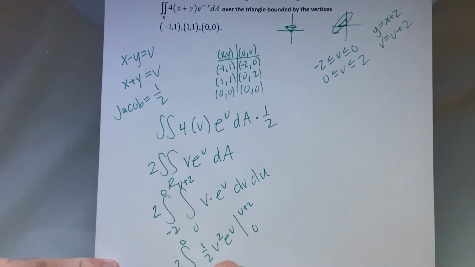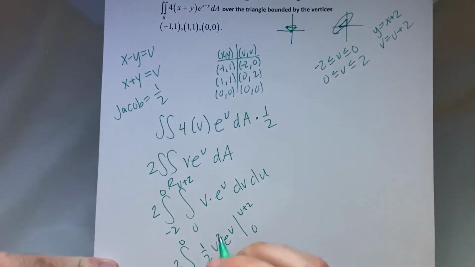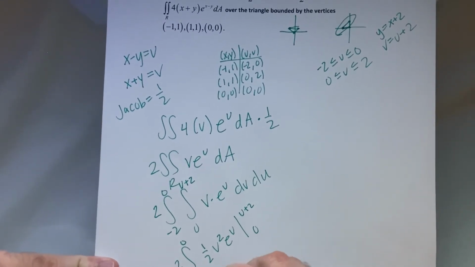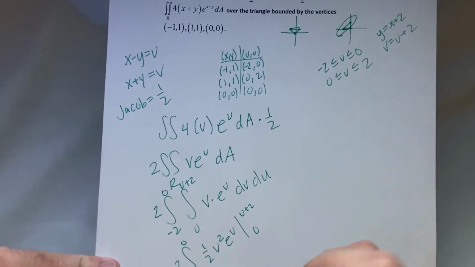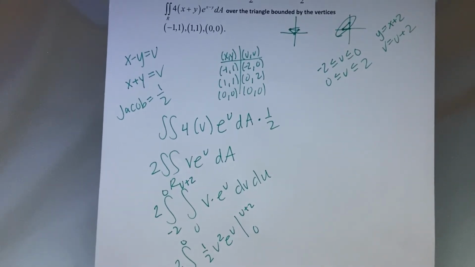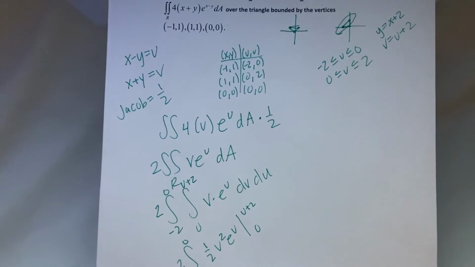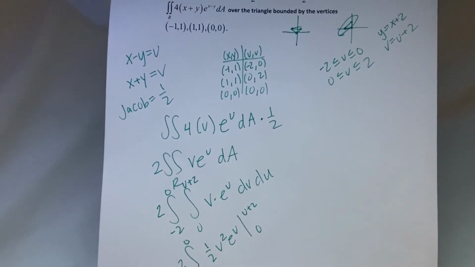The integral from -2 to 0 of v squared e to the u, evaluated from 0 to u plus 2, and we still have a du in here. It becomes (u plus 2) squared, so this will become u squared plus 4u plus 4, all times e to the u, du.